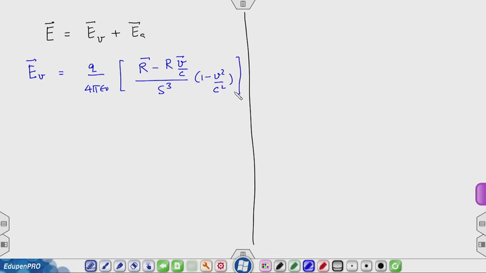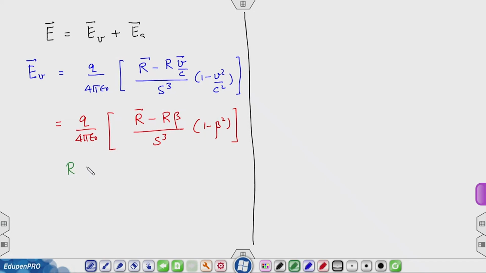In terms of parameter beta, it can be written as Q over 4 pi epsilon 0, R vector minus R beta divided by S cubed, 1 minus beta square. That is the V dependent term.